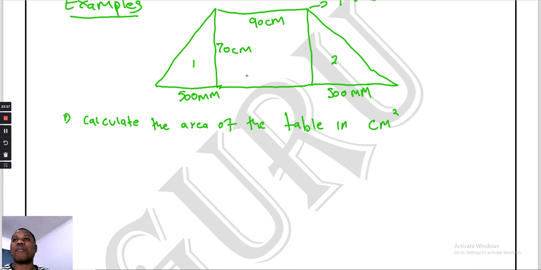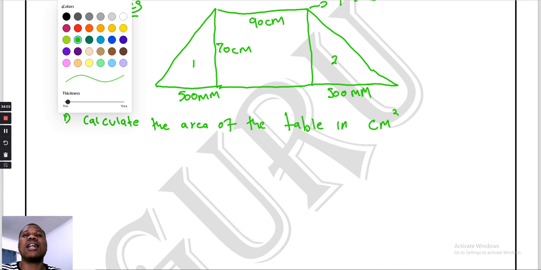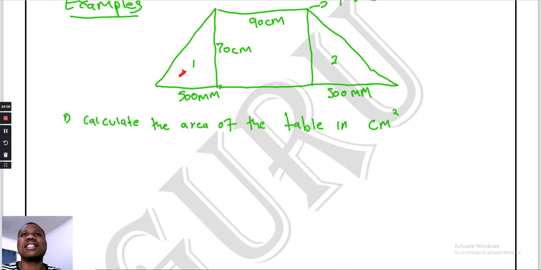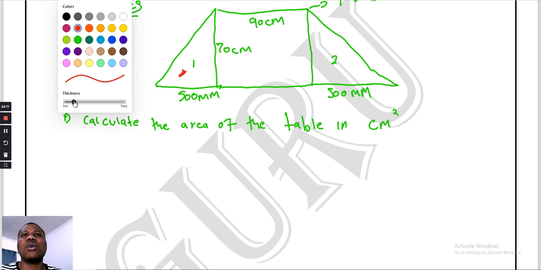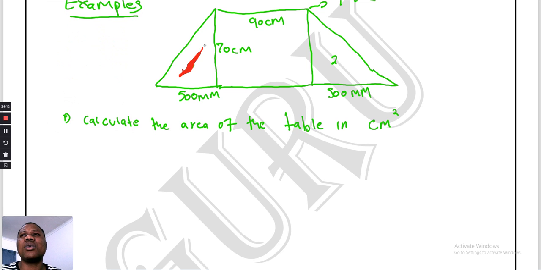The one in the middle is not a square, because this side is not equal to this side, so that means this is a rectangle. I'm just going to use different colors to show you that we have 2 right angle triangles here.